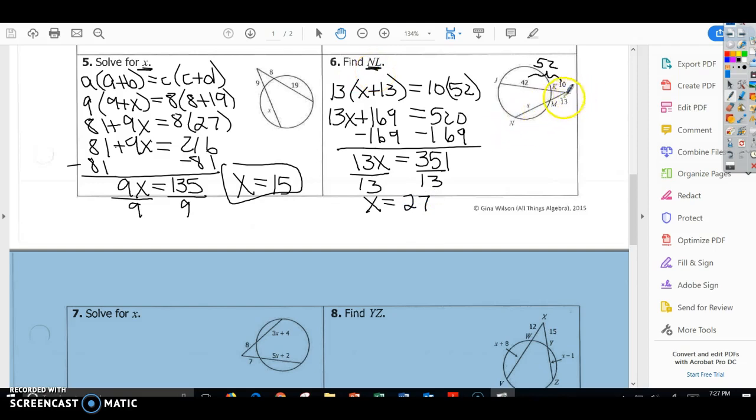Well, NL is this whole line segment from the point N to the point L. So I need to find out what is x plus 13. So x plus 13, x is 27, plus 13, and that gives me 40. So NL equals 40. Okay? All right. So far, so good.